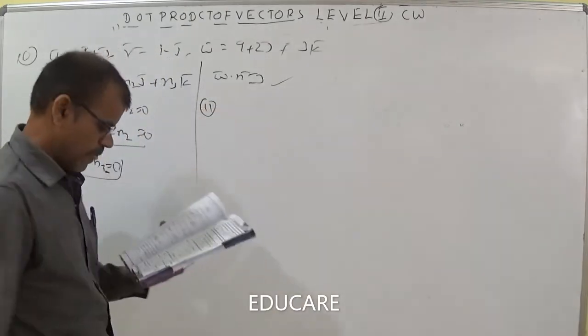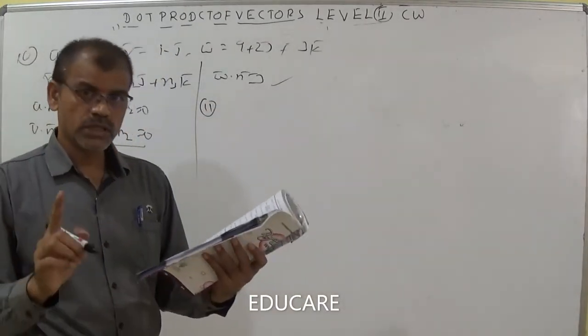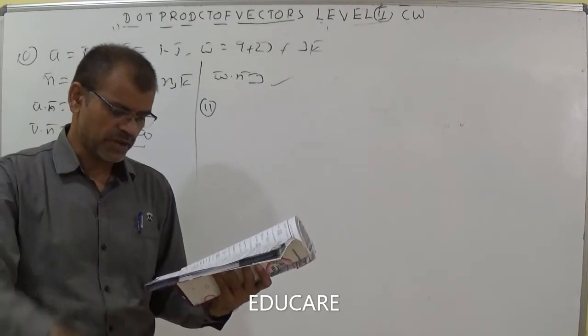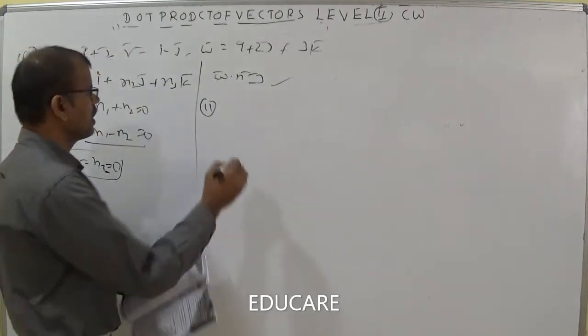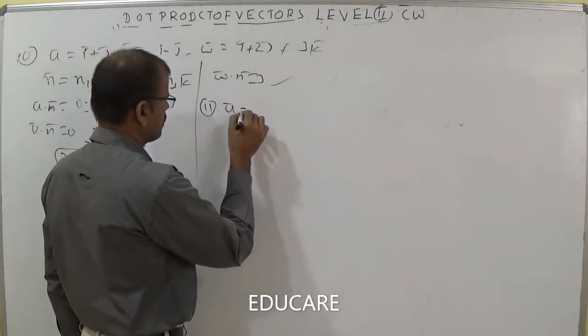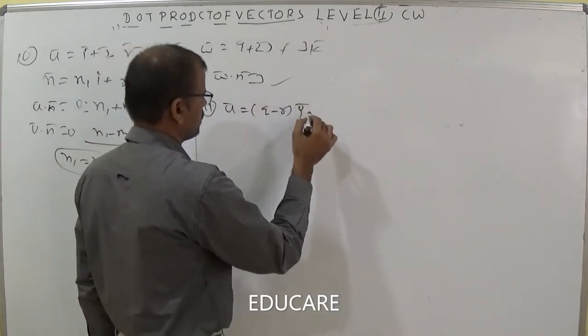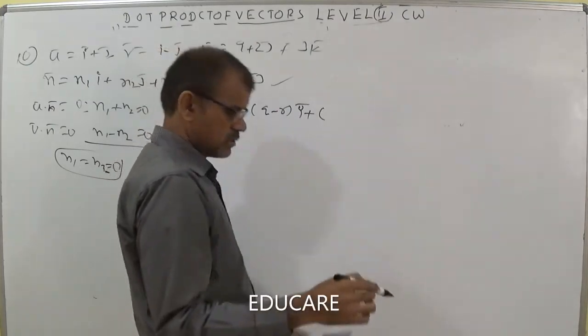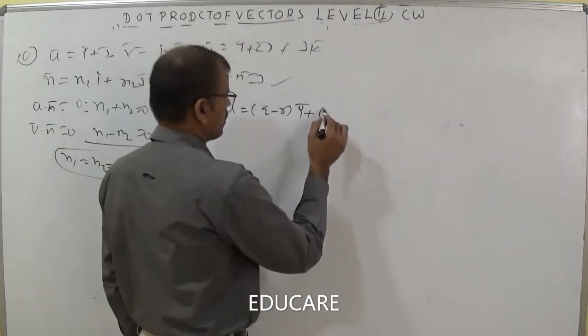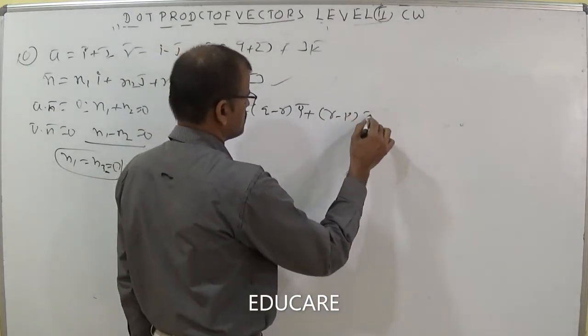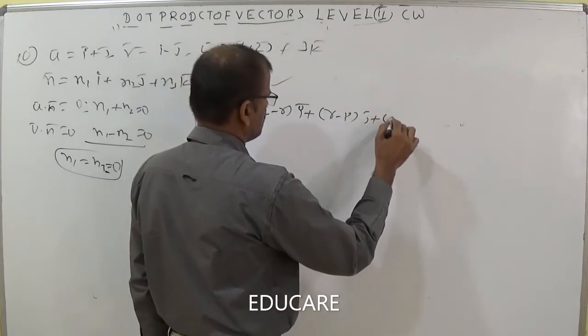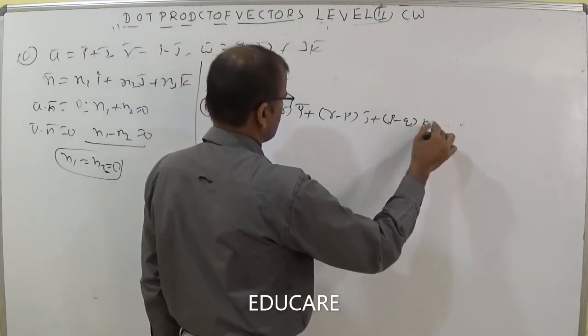Next, the 11th question. A, B, C are the pth, qth, rth terms of an HP, and U bar is equal to Q minus R into I bar, next R minus P into J bar, next P minus Q into K bar.